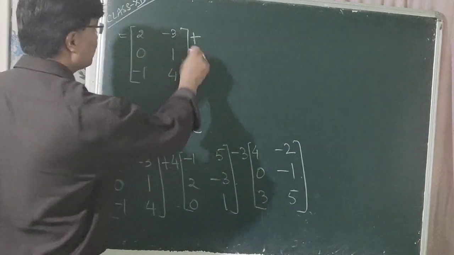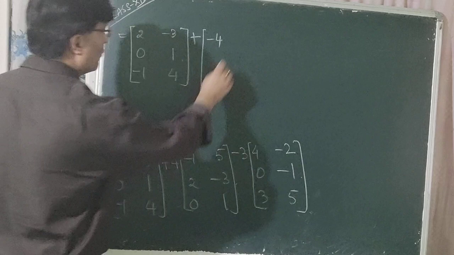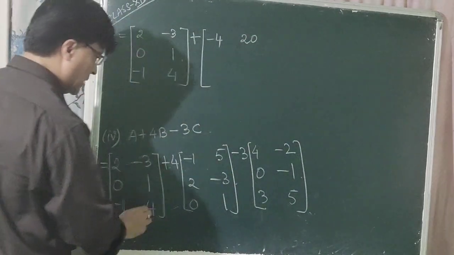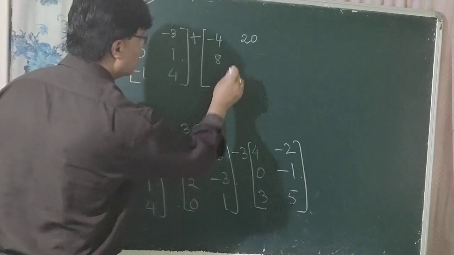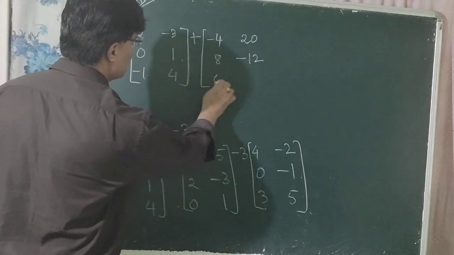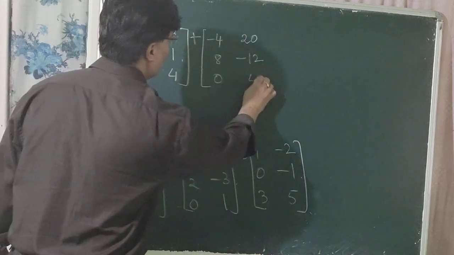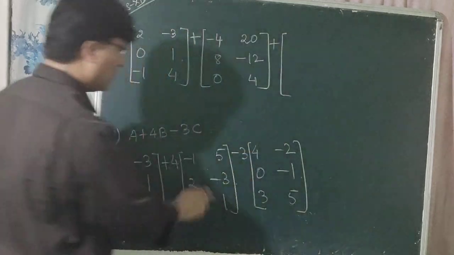So what do we get? It is minus 4, 4 into minus 1 is minus 4, 4 into 5 is 20, 4 into 2 is 8, 4 into minus 3 is minus 12, right? 4 zeros are 0, and 4 ones are 4. Then again plus. Now multiply by minus 3 there.